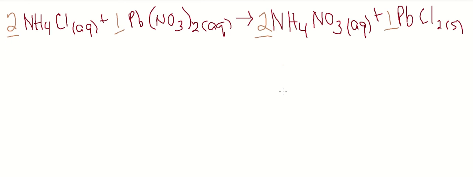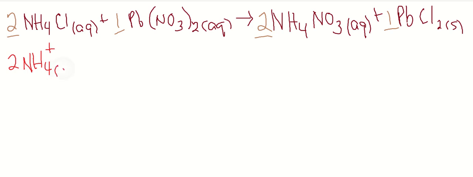Now let's write the complete ionic equation. Okay. So everywhere you see AQ, we're going to just break them up into free dissociated ions. So we have 2 ammoniums here, and since they're floating around in this water, we've got to put the charges back on there.